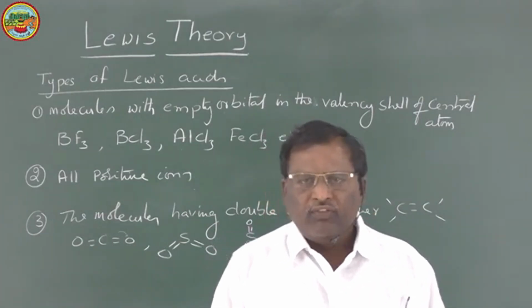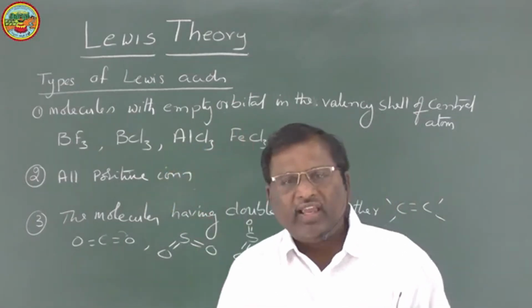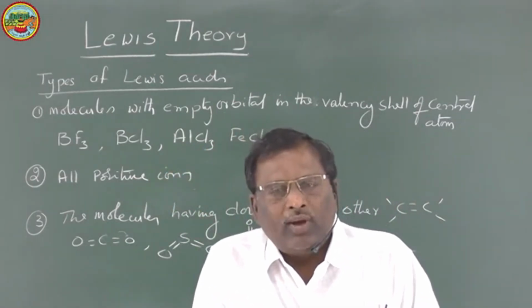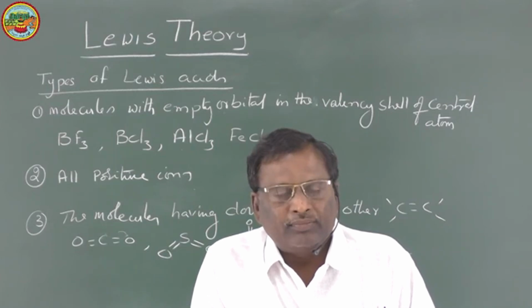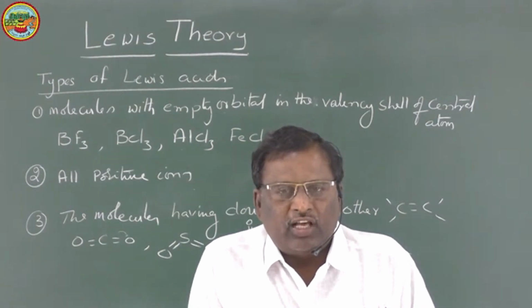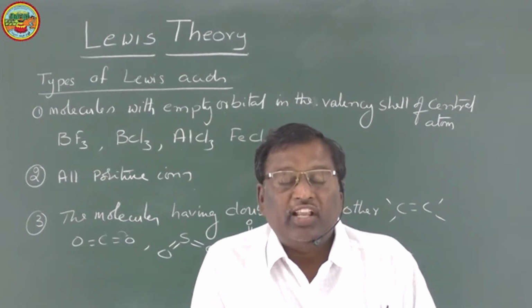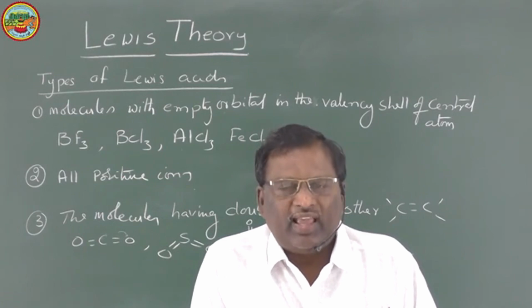First category, the molecules which are having empty orbitals in the valency shell of their central atom. Those molecules are considered as Lewis acids. That means electron deficient compounds. All electron deficient compounds are Lewis acids.